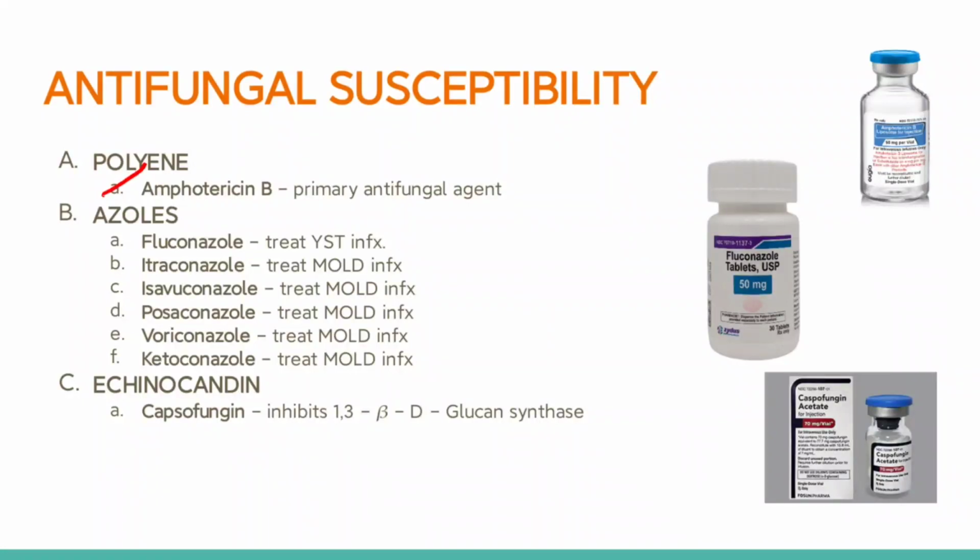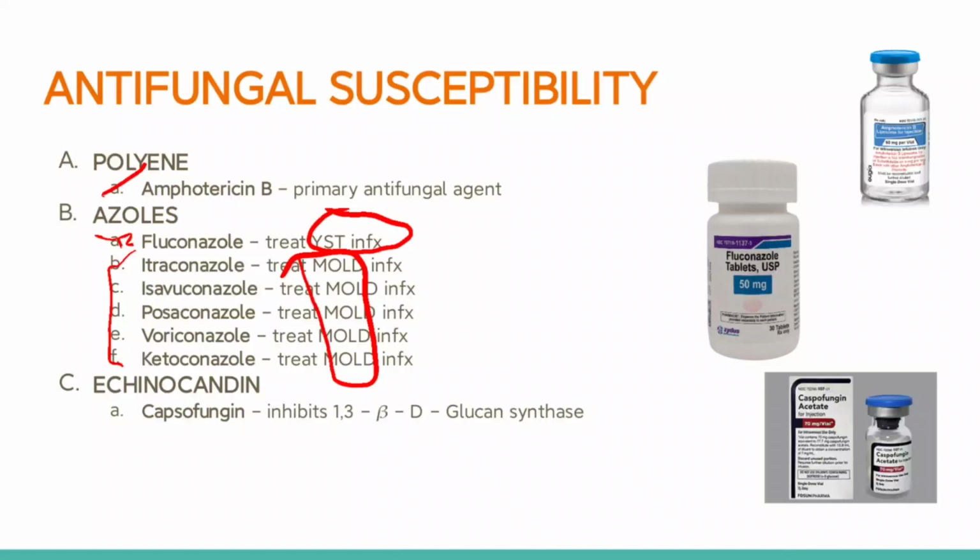For azoles, please remember na fluconazole is only for yeast infections, whereas lahat na to, itraconazole, isavuconazole, posaconazole, voriconazole, and ketoconazole, these are all for your molds. Okay? So, take note of that, no? Again, sa group na azoles, fluconazole, para lang yan sa yeast infection, whereas yung other azoles, para yan sa mold infection. Okay?